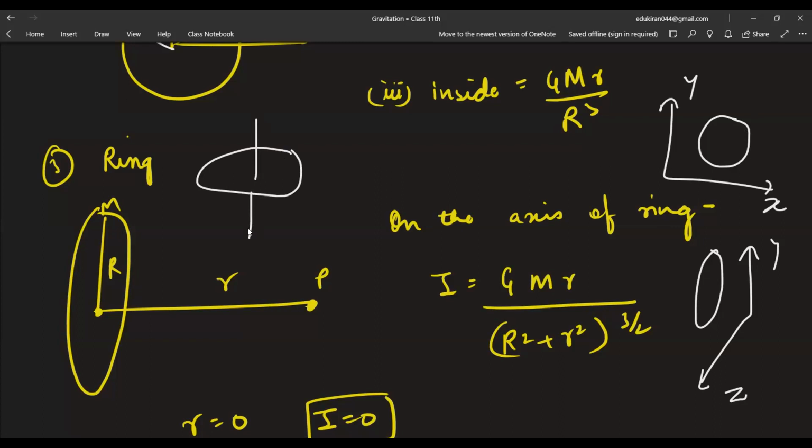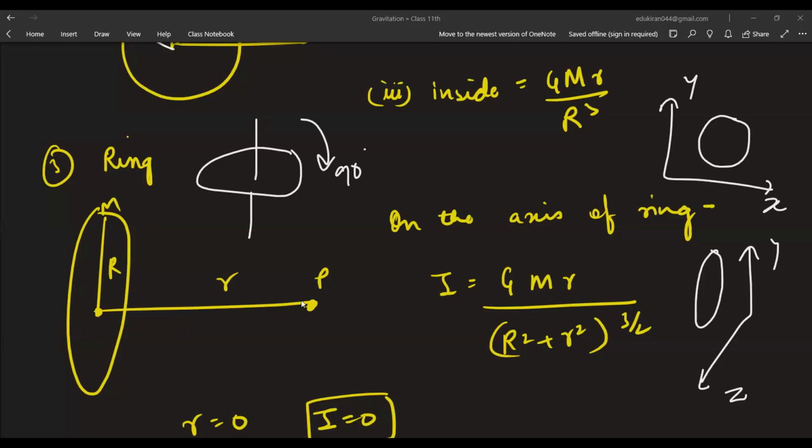See, this is the axis that we have been using in moment of inertia also. So if I rotate it by 90 degrees and look from the YZ view, this will be horizontal.